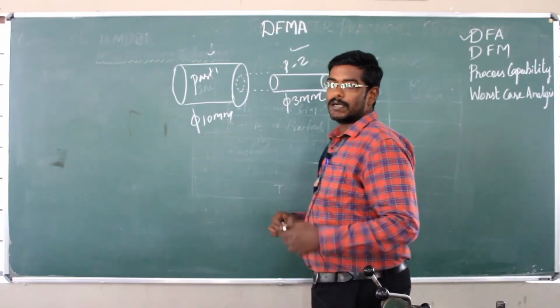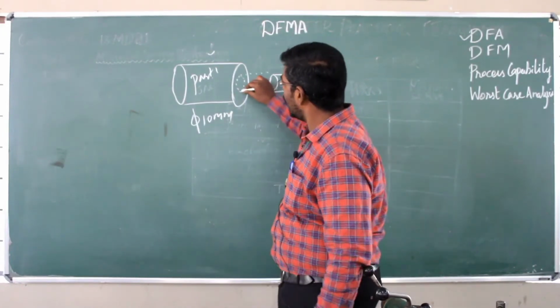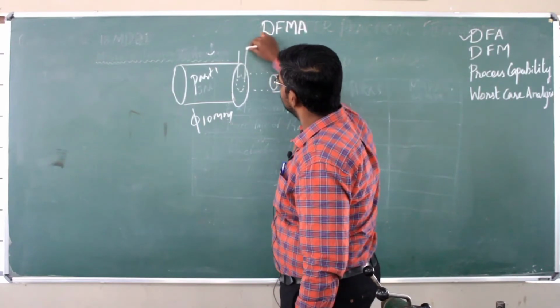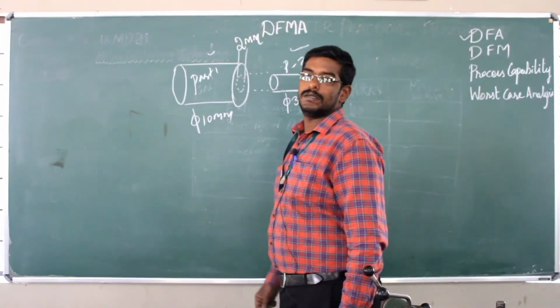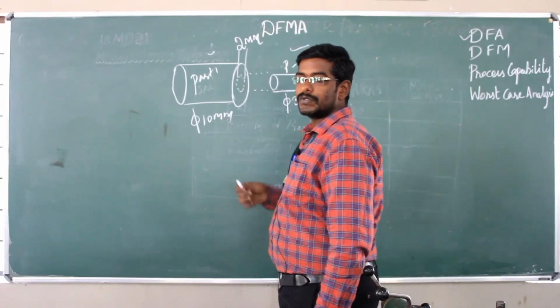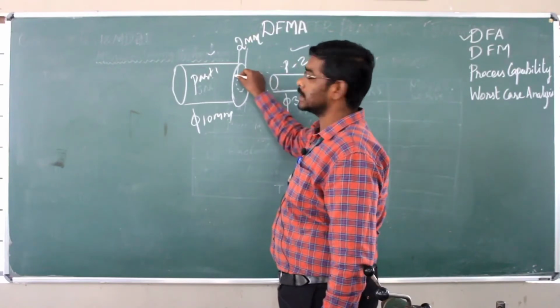So I cannot always assume that this part will match under the same dimensions, and I will have a depth of 2 mm length. Here I am supposed to give some tolerance, because in some cases I cannot manufacture the exact dimensions.